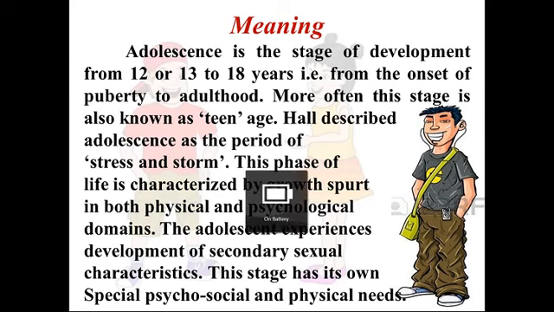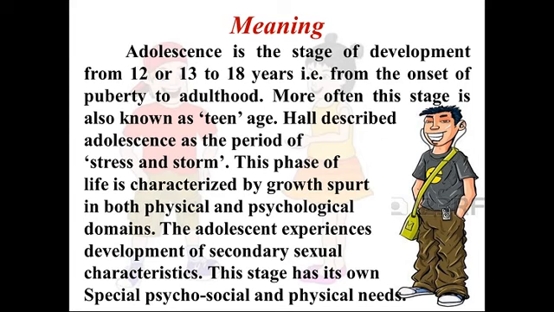They face lots of challenges, and this period is known as stress and storm. Therefore, this phase of life is characterized by a growth spurt. As I told you, the growth is very fast and rapid, in both the physical and psychological domains.